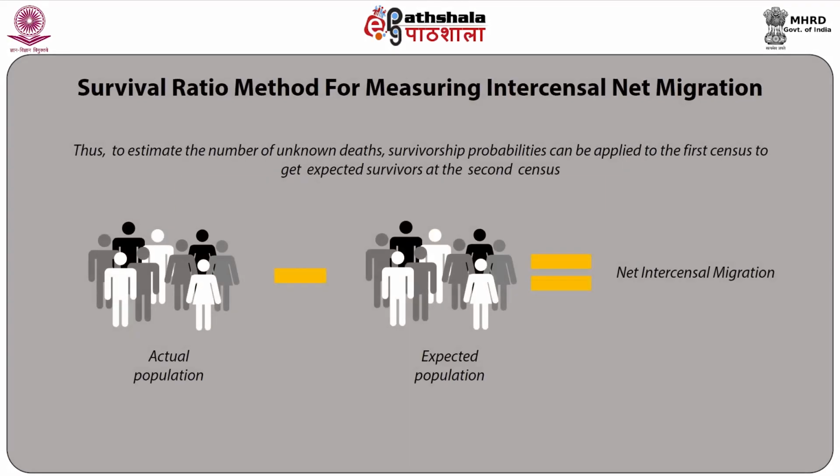Thus, given an estimate of the number of deaths, survivorship probabilities, that is, a ratio which estimates the proportion of the population who would be surviving at the second census if there is no migration, can be applied to the first census to get expected survivors at the second census. The difference between actual population and expected population at the second census will give an estimation of net intercensal migration.